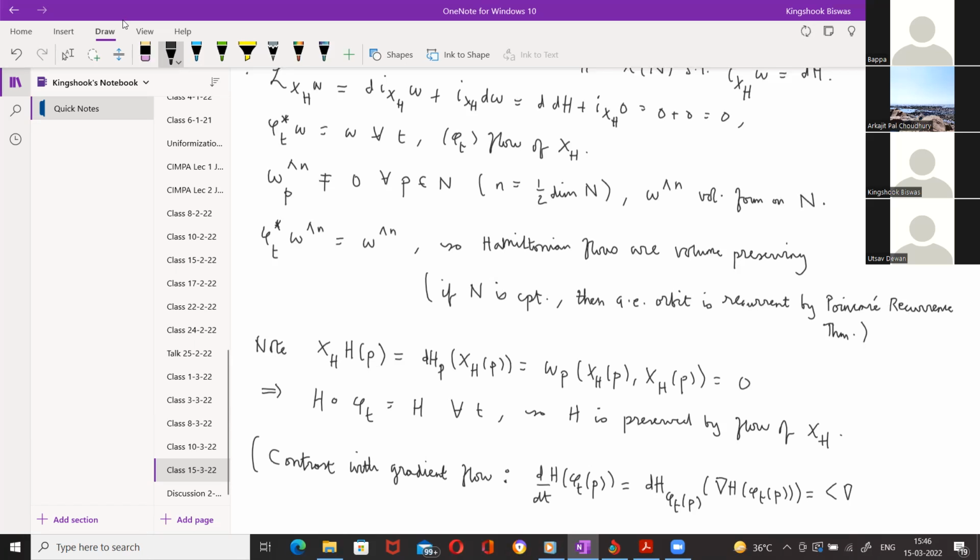So this is the inner product of grad H with itself at phi t of p, which is greater than or equal to 0.